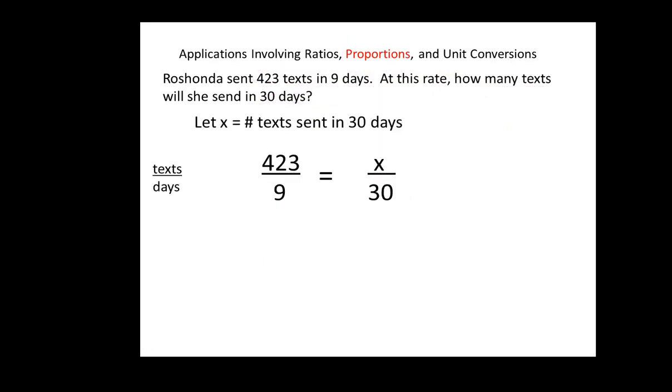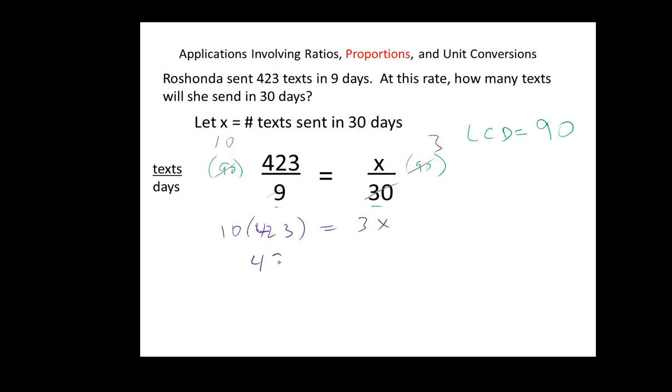Now, one way to solve is to use the LCD. Looking at the 9 and the 30, the LCD, the smallest number that both 9 and 30 go into, would be 90. You can solve this equation by multiplying both sides by 90. Here I can say that 9 goes into 90 10 times, and I have 10 times 423 equals, 30 goes into 90 3 times, so that's 3x.